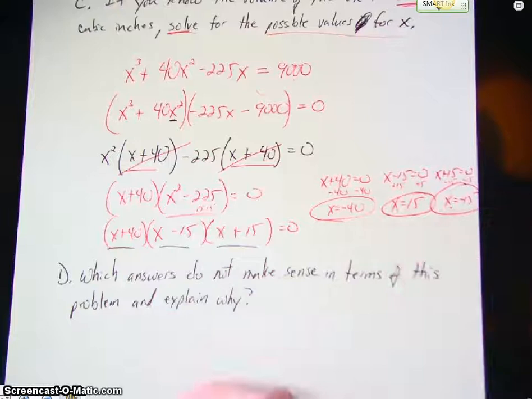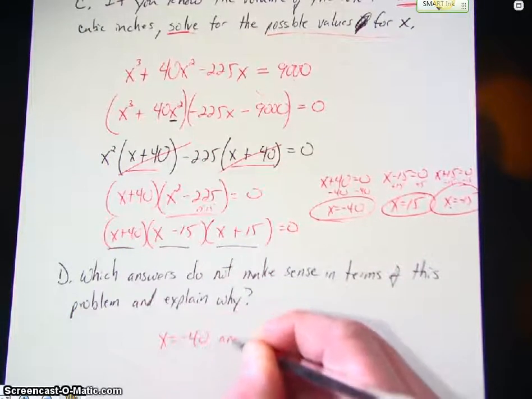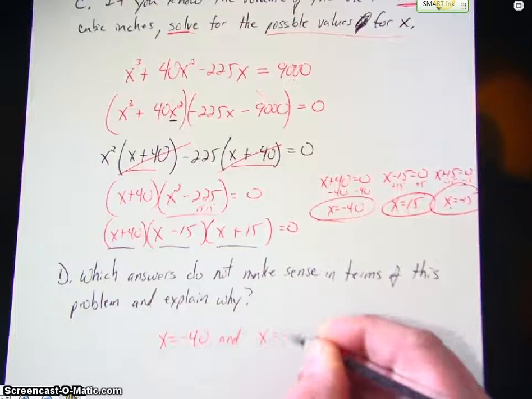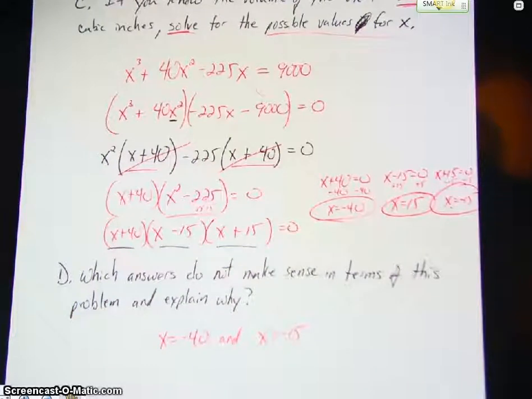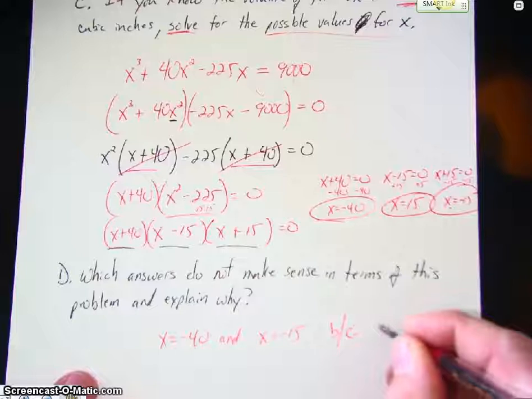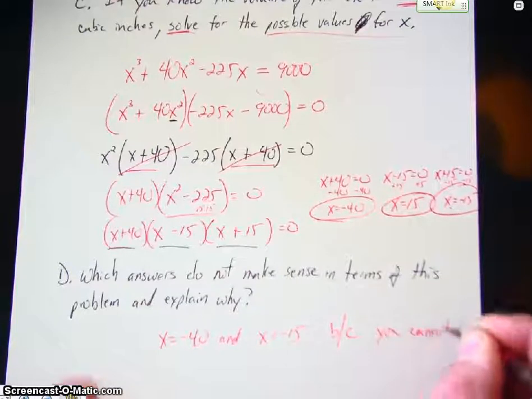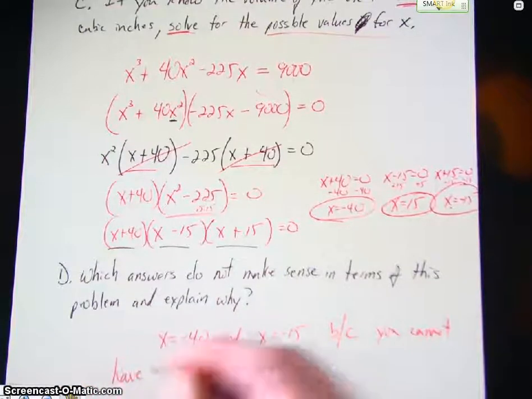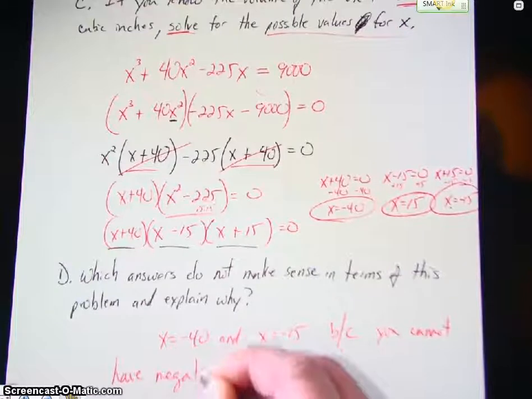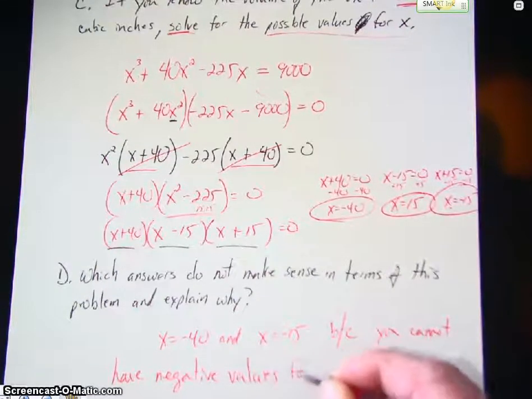So therefore, x equals negative 40 and x equals negative 15 do not make sense because you cannot have negative values for dimensions.